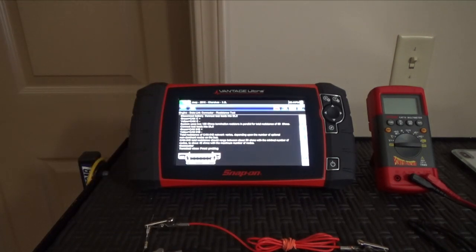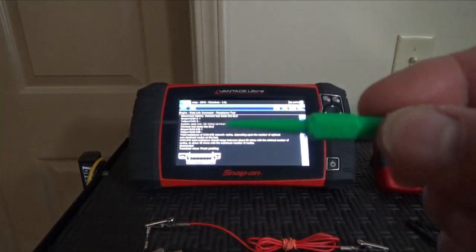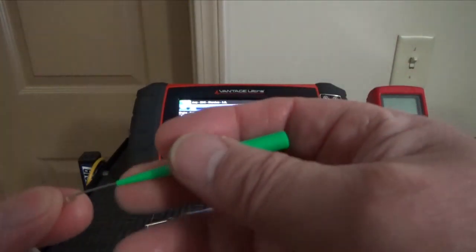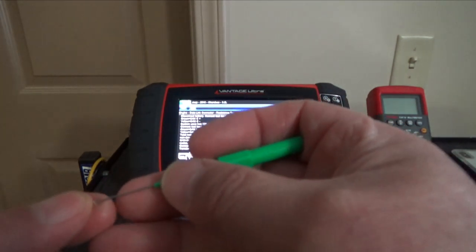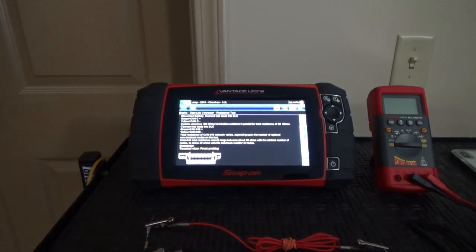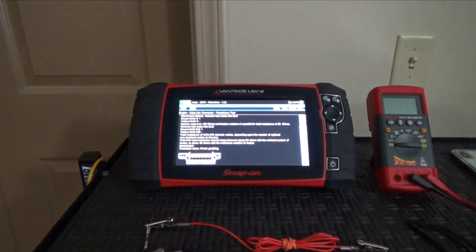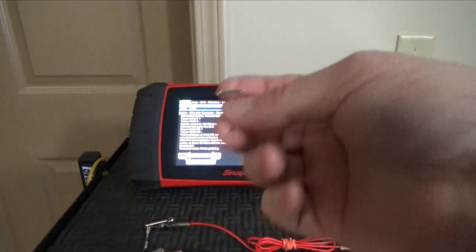And the other thing you can do is use these kinds of plugs. They're like needles. Be careful when you push this in not to open the terminals, because if you open the terminals, you're creating another problem. Using a T-pin like this can damage the terminals, unless you are back probing.